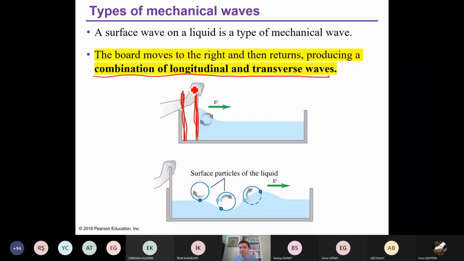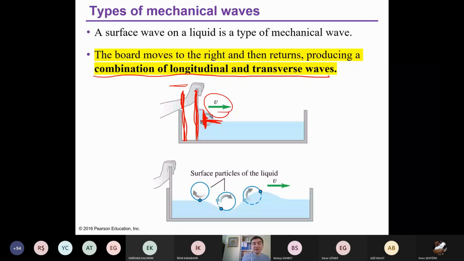Then you produce a wave on this liquid, and this wave travels to the right. But what about the particles within this wave? The particles within this wave have two types of motion. Here we have longitudinal and transverse waves. So particles have this motion, and also they have this motion, okay?